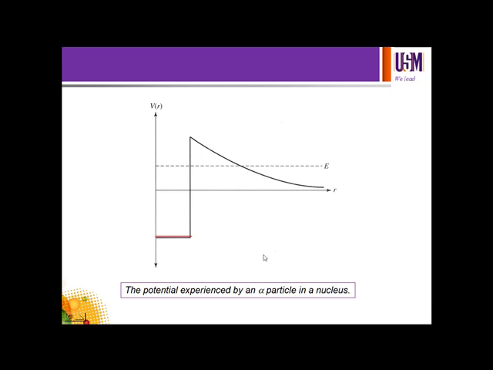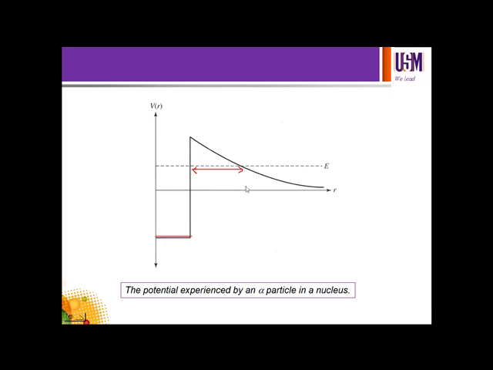Our alpha particle has energy E, which is lower than the potential barrier here. This is what we call the potential barrier. So the alpha particle should be confined inside the nucleus only. But in the previous segment, we discussed that if the potential is finite, you can see here that this is the distance, the thickness of the barrier, which the alpha particle needs to penetrate.